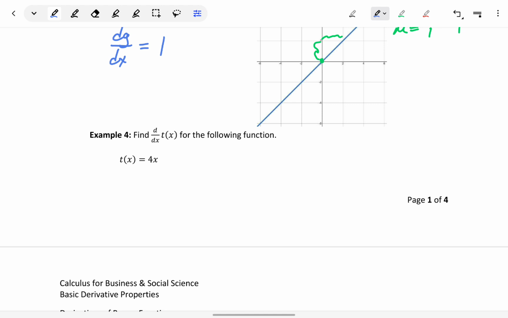Example 4 is similar to example 3, but now we want to find d over dx of t of x, where that function is 4 times x. So instead of just x, we have a coefficient in front of that variable.